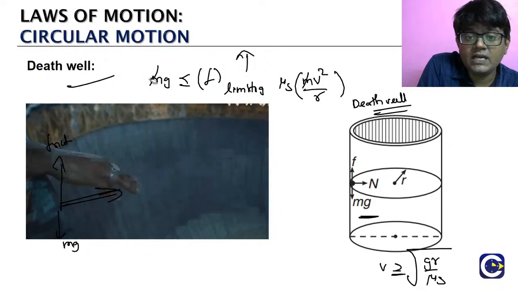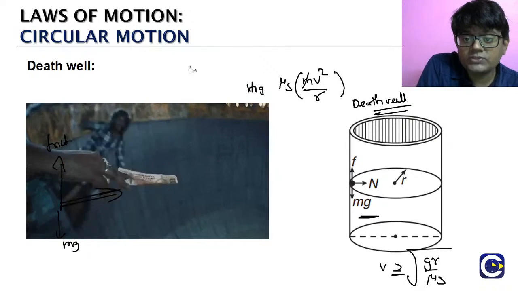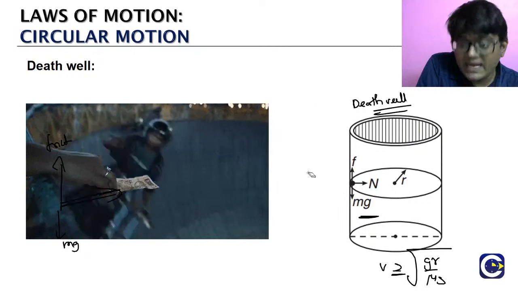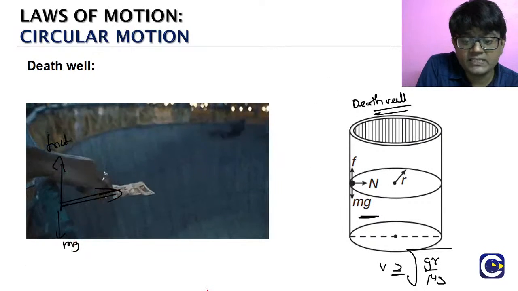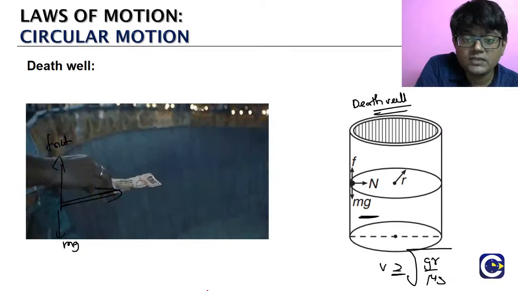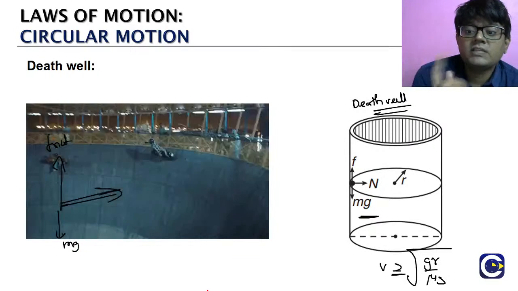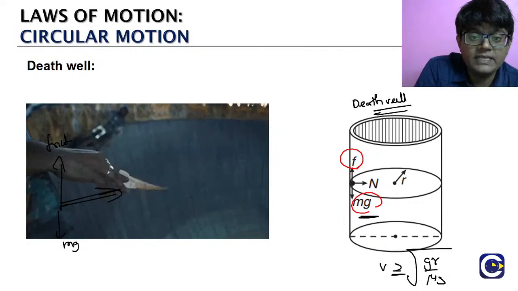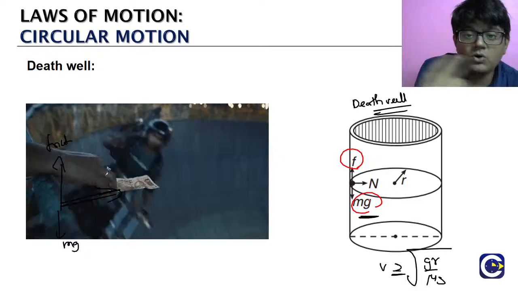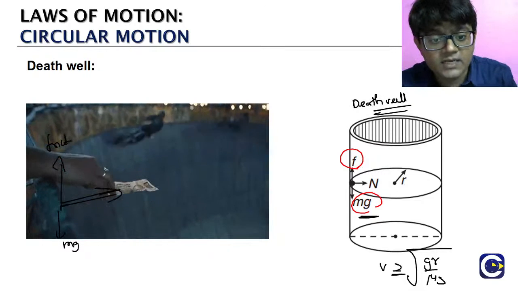Then the frictional force will be able to balance the weight. What is the frictional force we are talking about? Static friction. Static friction will be able to balance the weight so that the people can safely go in the horizontal circular path.